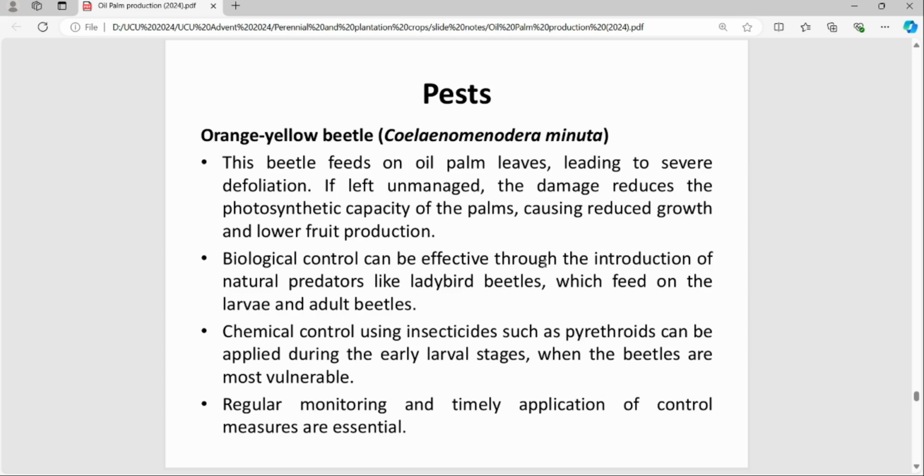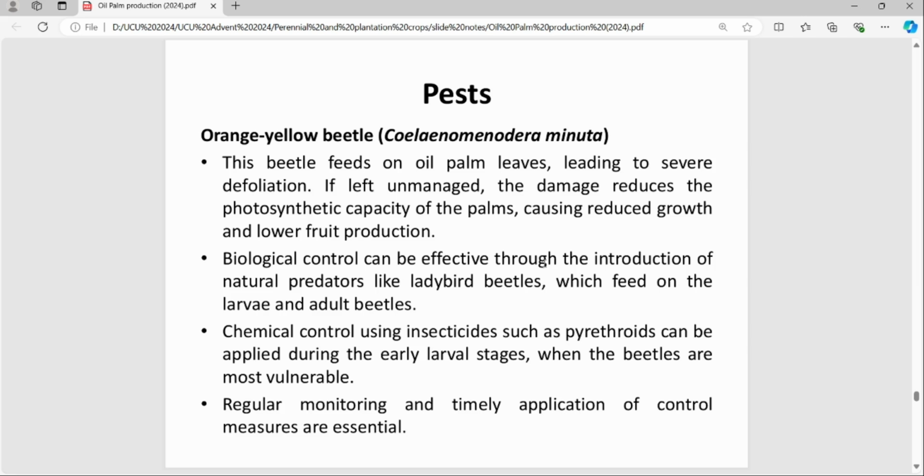Then for the pests, we have the orange yellow beetle, which feeds on the oil palm leaves, leading to defoliation. And you know, when leaves are defoliated, then the amount of light that is taken up by the plant to carry out photosynthesis will be reduced, hence affecting the yield of the plant. So we can use biological, chemical, and cultural control methods.